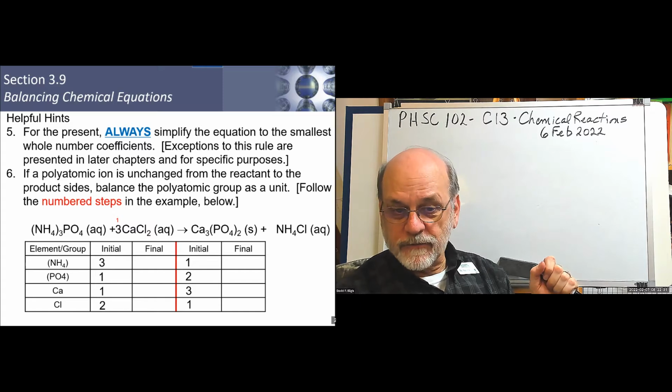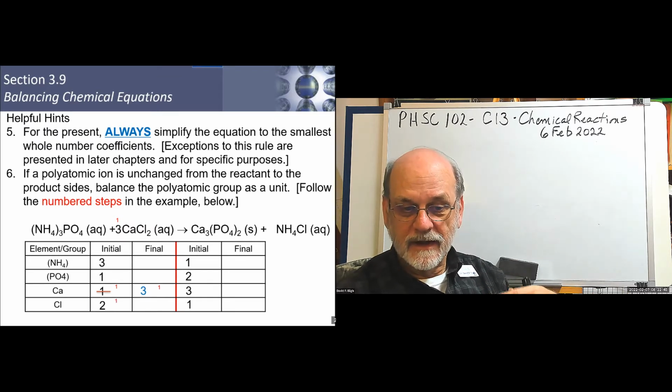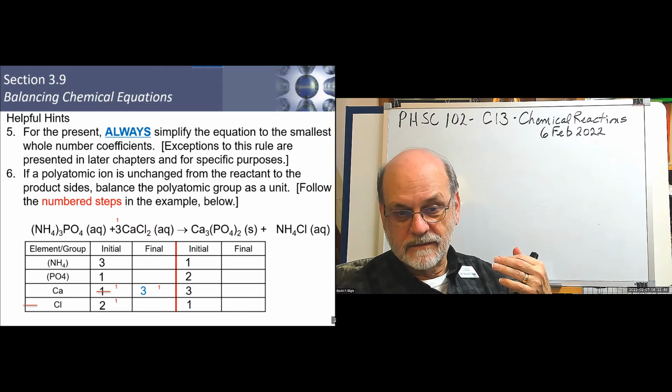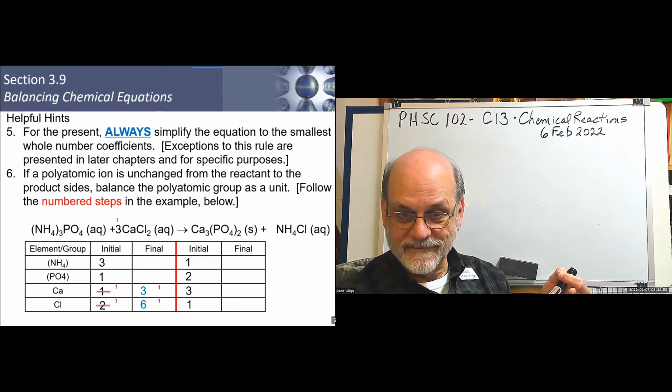If we put a 3 in front of there, that gives us 3 calciums for the reactant side and 3 calciums for the product side. Now what we've done is we've changed the chlorines. The chlorines now, instead of 2, are 3 times 2, which is 6.